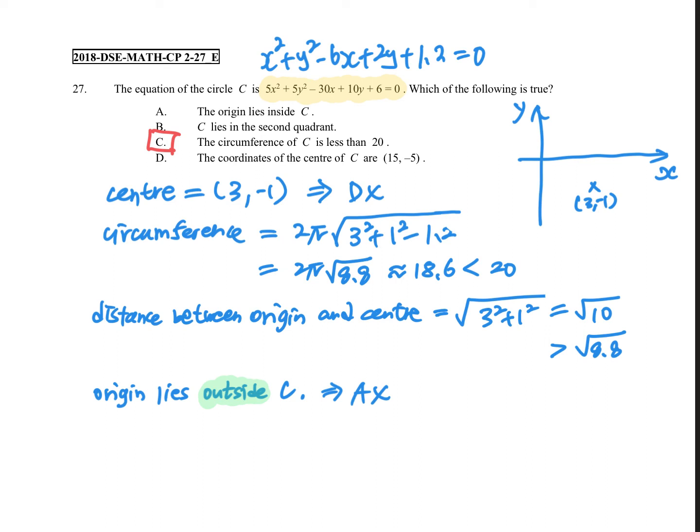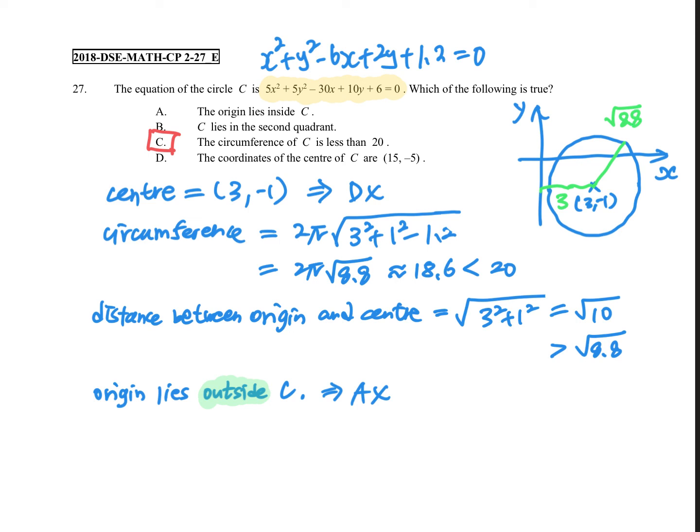And then the radius is square root of 8.8, which is less than 9. So that's why this circle would not cut the y-axis like this, because from here to there will be 3 units, but the radius is just square root of 8.8, which is less than square root of 9.